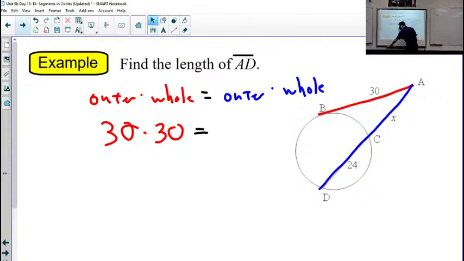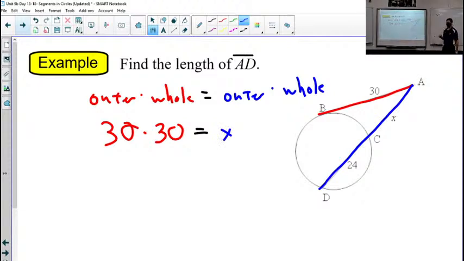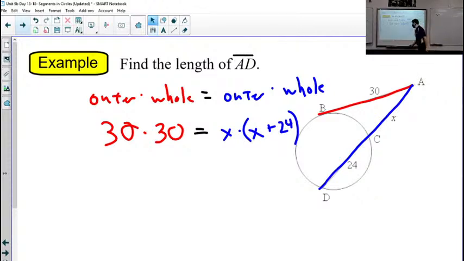Then over on the right side, I'm still taking outer times whole. My outer piece, outside the circle on my blue segment, is just x, times my whole. My whole segment is all the way across, so I have an x here and a 24 here, and I'm going to combine them together. Again, not going to solve because that's more complicated than we've been doing, but that is how you would set it up.